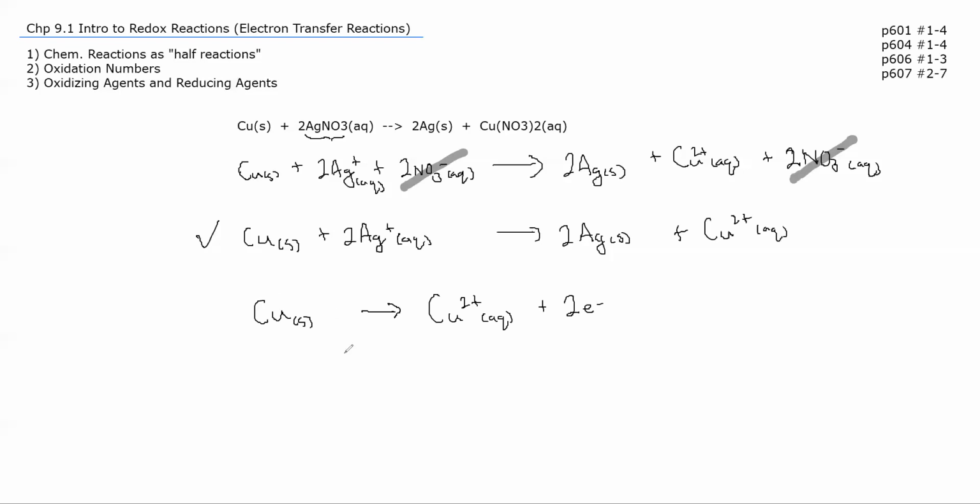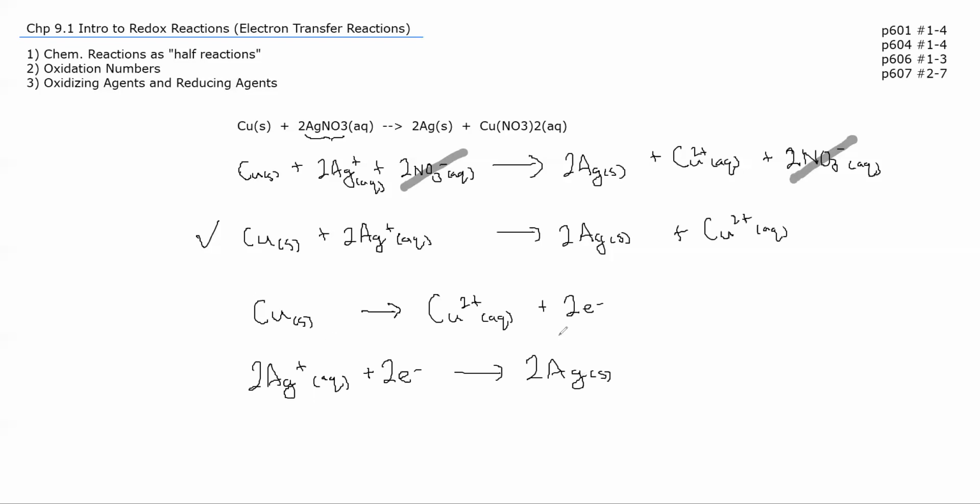1 copper atom. In the same breath, I had 2 ions of silver with a charge of +1. But somehow, that charge of +1 disappeared and it became a solid. How? Well, it gained 2 electrons somewhere, 1 electron for each ion, and it became 2 silver atoms.